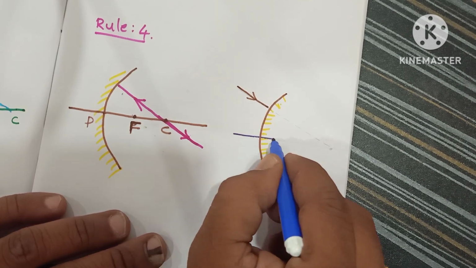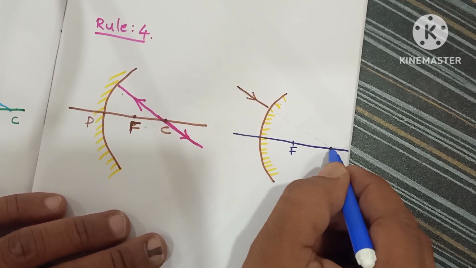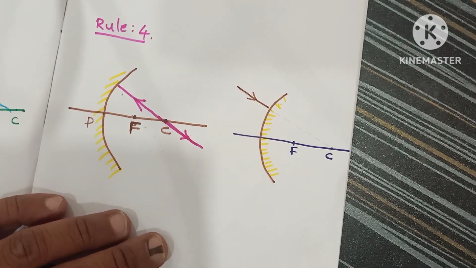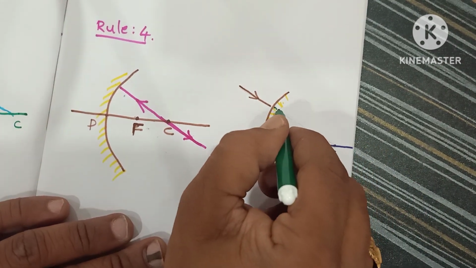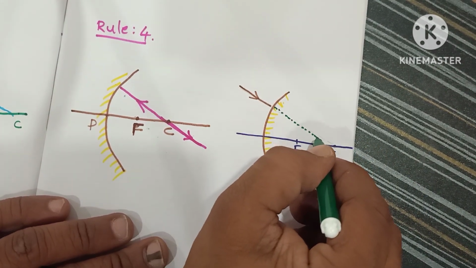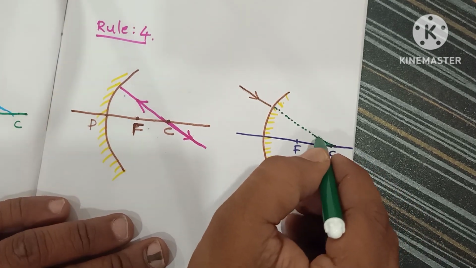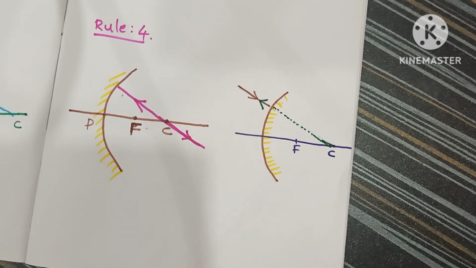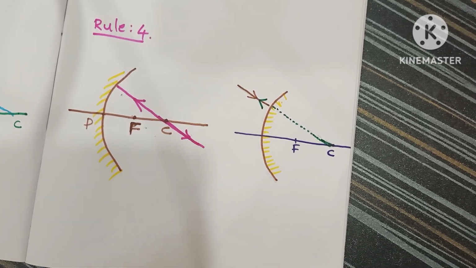This is the principal axis with the focus and the center of curvature. If we extend this ray so that it touches the center of curvature, again it retraces its path. This is the rule in the case of a convex mirror.